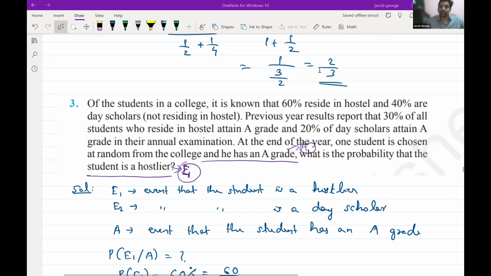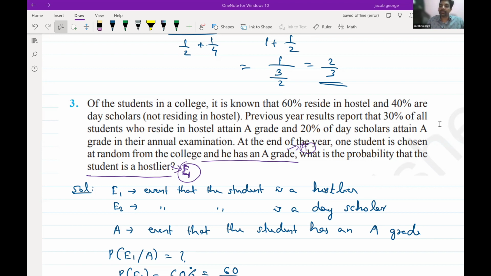So E2 be the event that the student is a day scholar, means not residing in hostel. Previous year results report that 30% of all students who reside in hostel attain A grade. 20% of day scholars attain A grade in their annual examination.